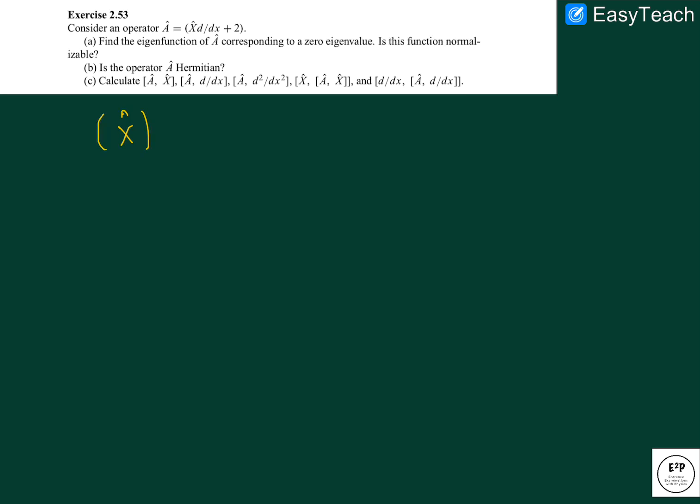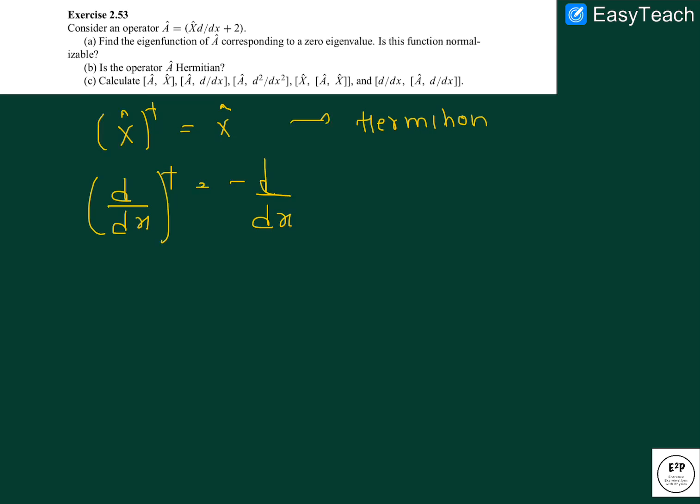That is, the Hermitian adjoint of x cap is nothing but x cap, and the Hermitian adjoint of d by dx is minus d by dx. So this is Hermitian and this is an anti-Hermitian operator.